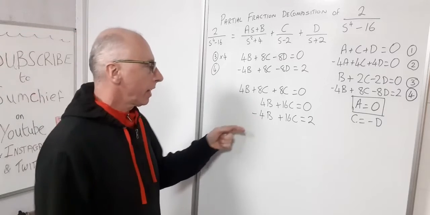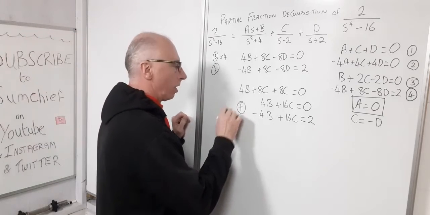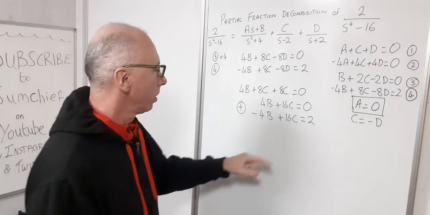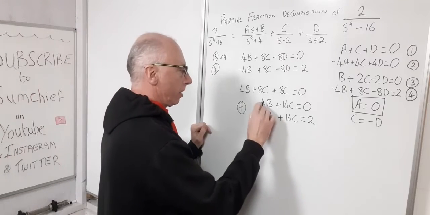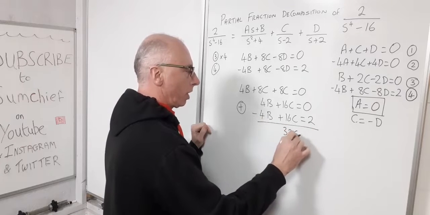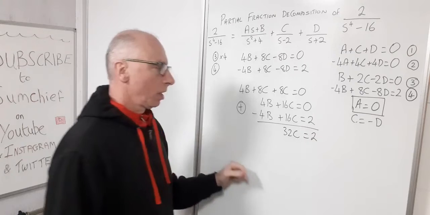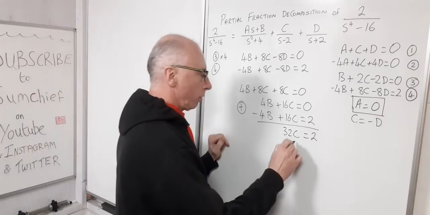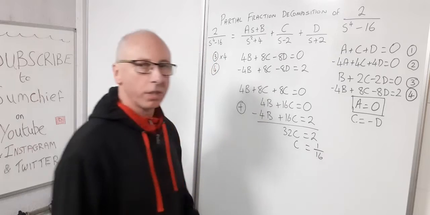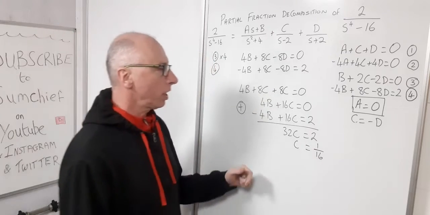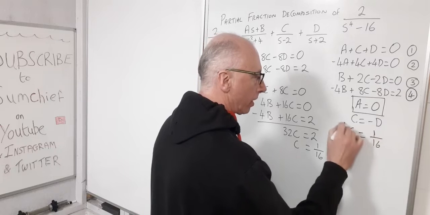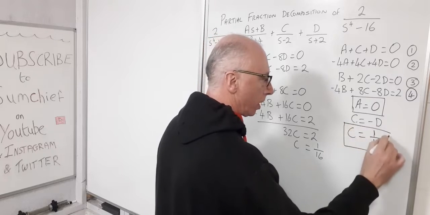I can add these together, and then my b's will cancel out and I'm left with the c on its own. So add them together, these will cancel out, and then I'll be left with 32c equals 2. So from that, c will equal 2 over 32, which is 1 over 16. So that is a solution for c.